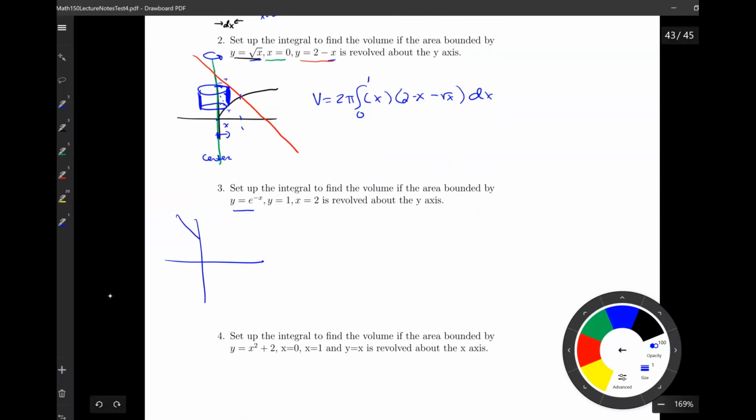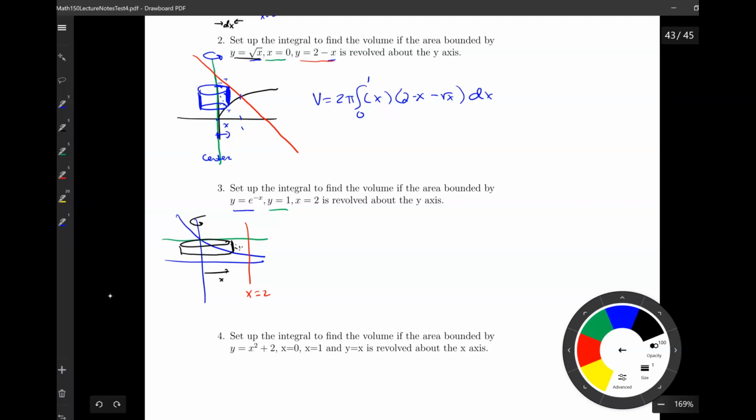All right, so let's do another one here. e to the negative x looks like this. y equals 1 crosses at that point right there. And then x equals 2 is here. So this is the area bounded. And again, I'm revolving it about the y-axis. So let's draw the rectangles parallel to the axis of rotation.